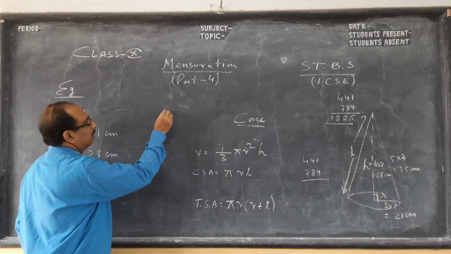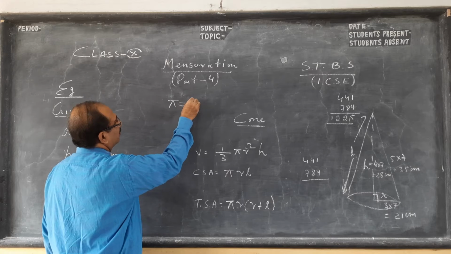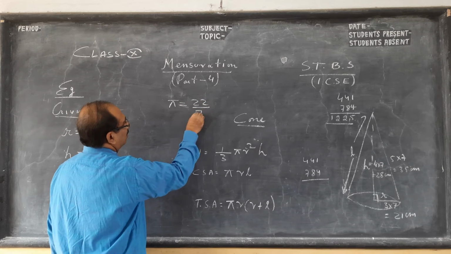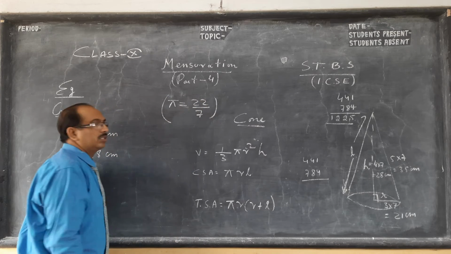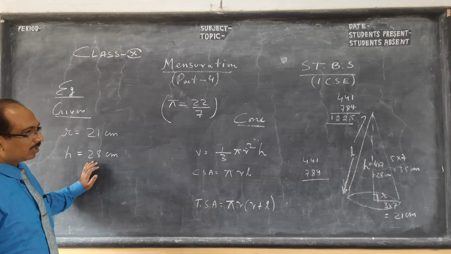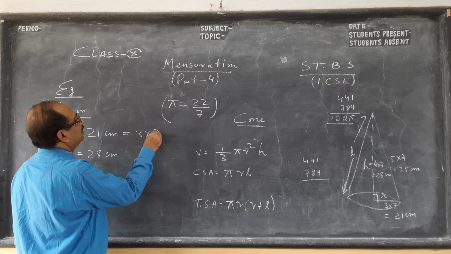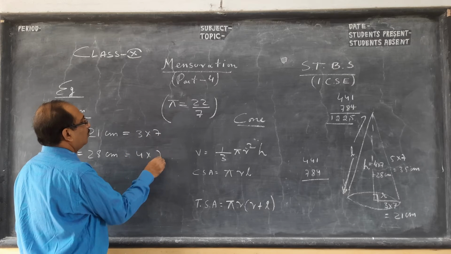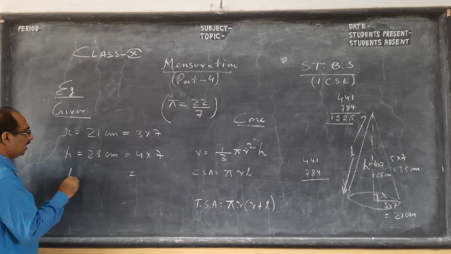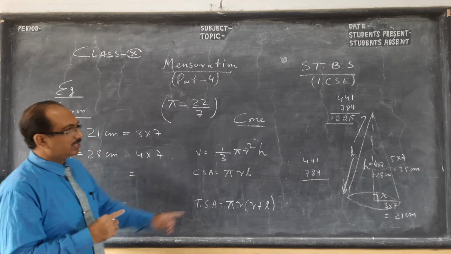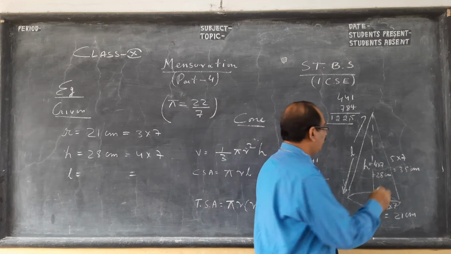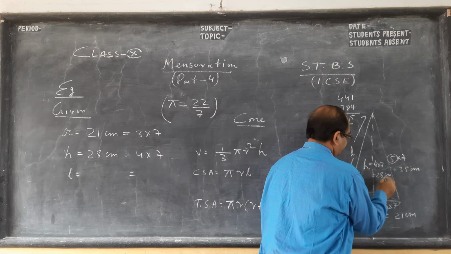Number 1, pi, when it is not mentioned, as I have explained in my earlier video, you take 22 by 7. So what I have done here is, 21 is 3 into 7, this is 4 into 7. So my slant height, if you remember, we have Pythagoras triplet.